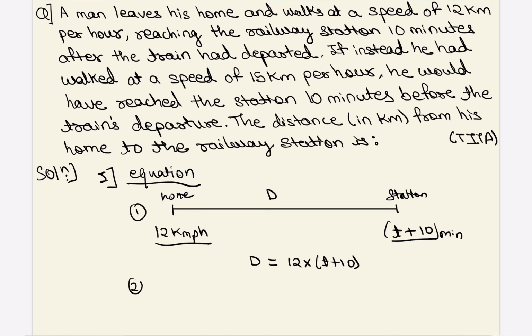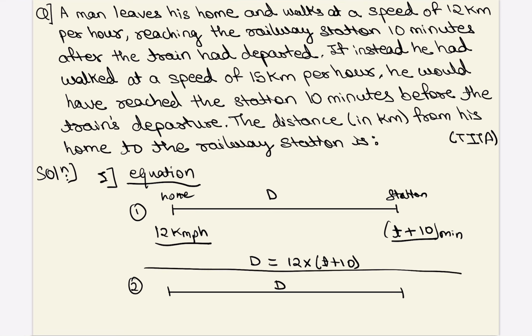In the second case, we know that in the same distance d, the man starts from his home and walks at 15 km per hour, and reaches the station before the train's departure.